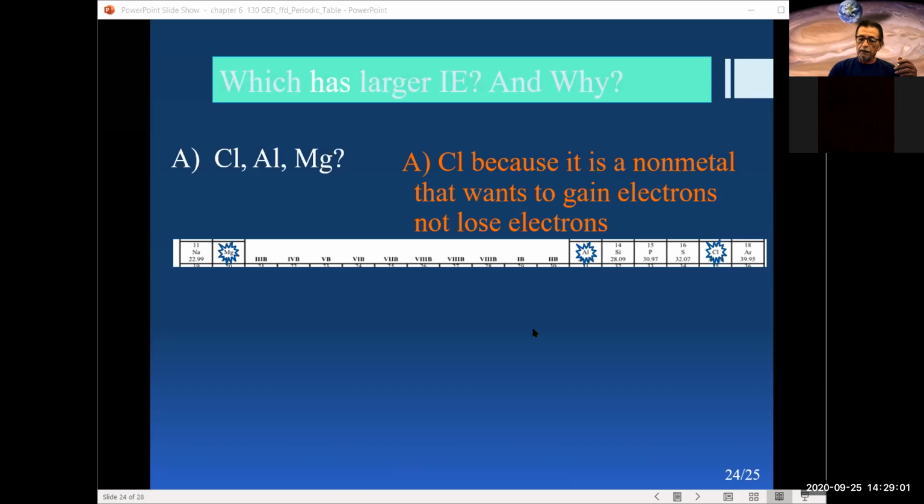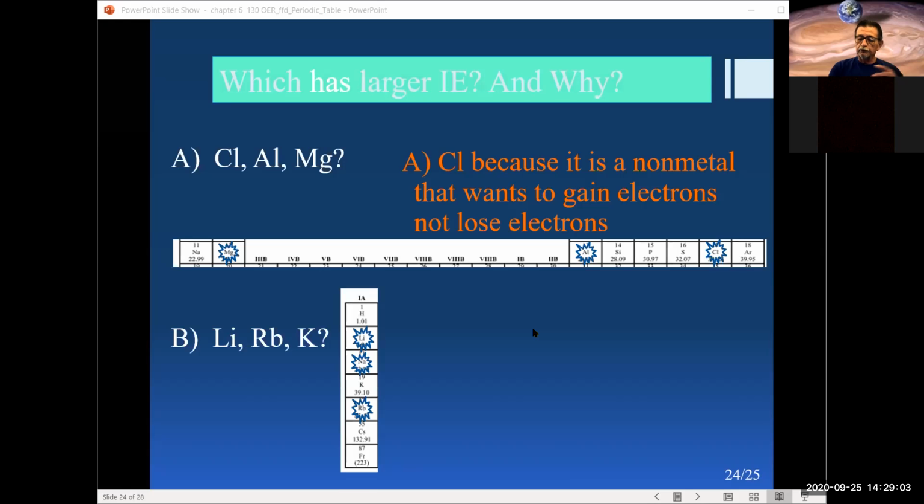Right. So now if we compare a different group, lithium, rubidium, and potassium, well, guess what? They're within the same group, okay? And so Rb is much bigger. What they share, all three of them, is one valence electron. But again, the valence electron for Rb is much further away than it is for lithium.